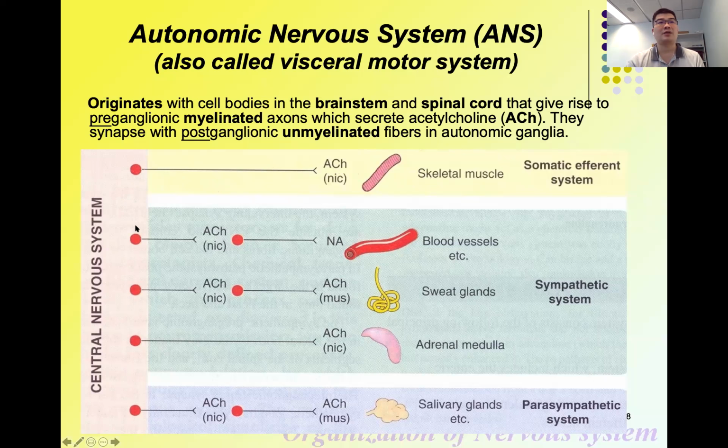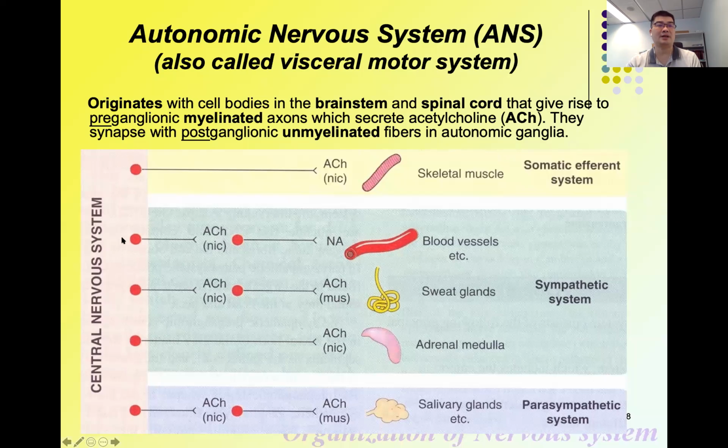Now for the autonomic nervous system, for example the sympathetic nervous system, it is a little different from the parasympathetic, and also different from the somatic one in its organization, in that its neurons are called preganglionic. A ganglion is a group of neurons outside, and we'll look at it in more detail later.